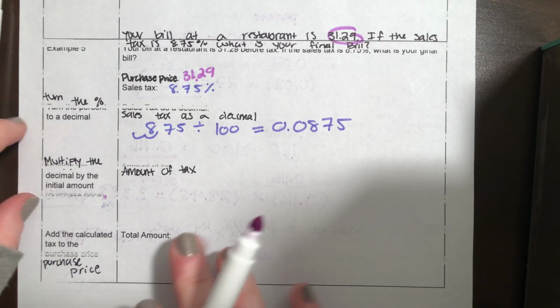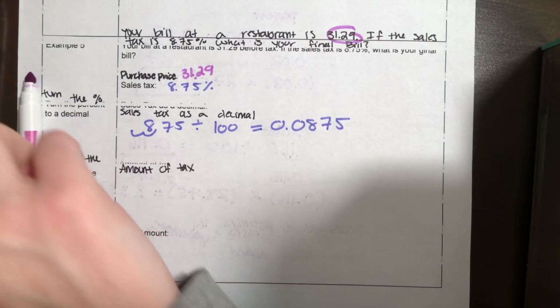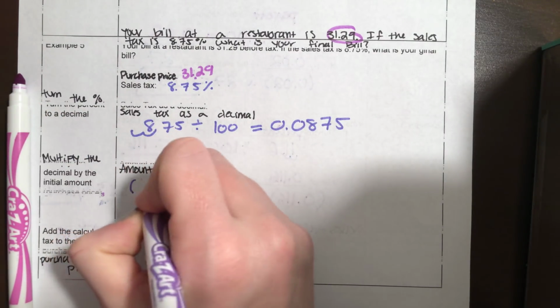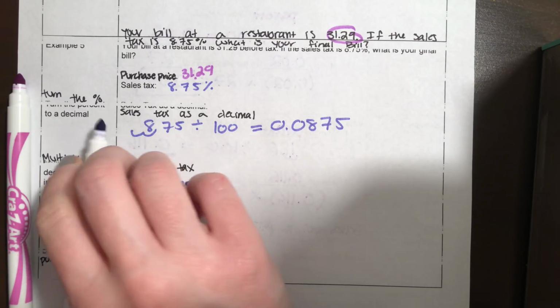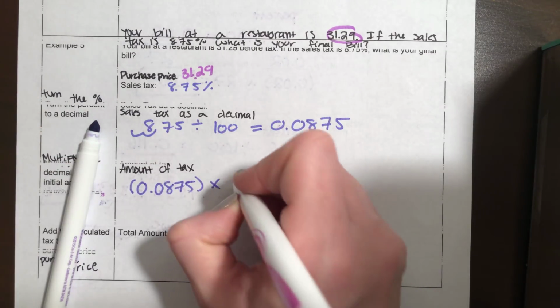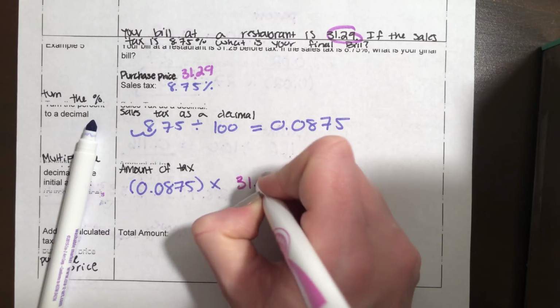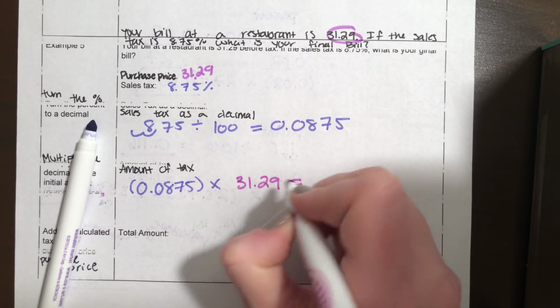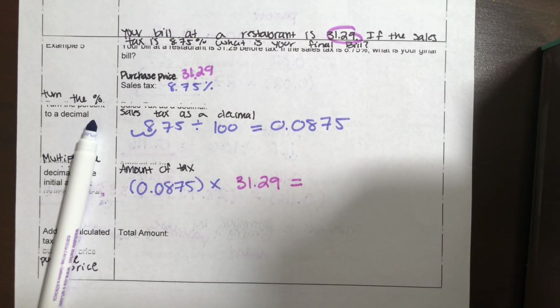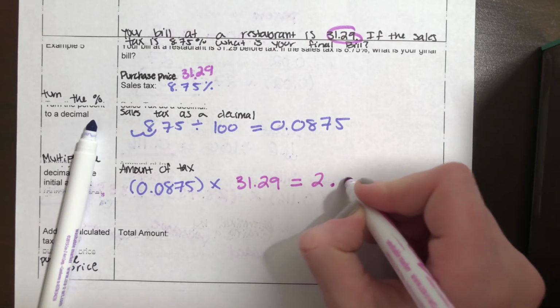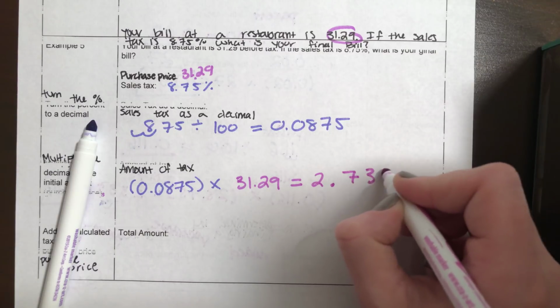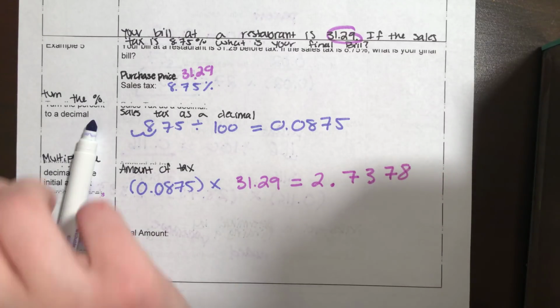So the amount of tax on the bill is our sales tax decimal multiplied by our purchase price, and you get 2.7378.